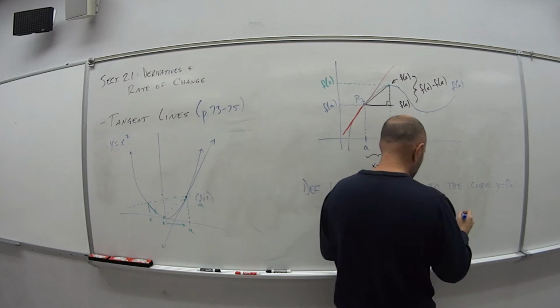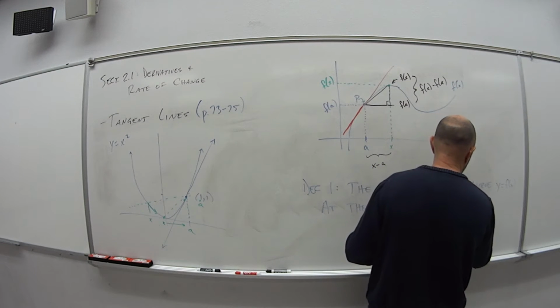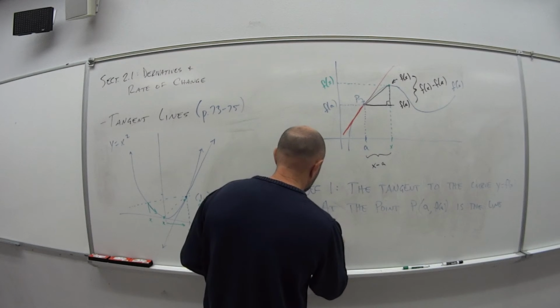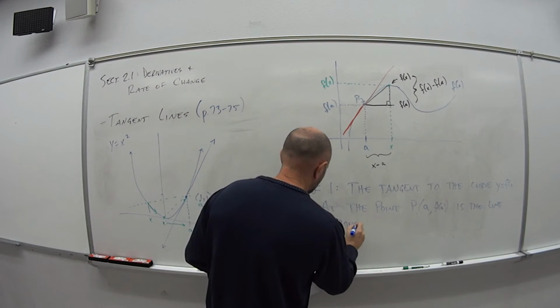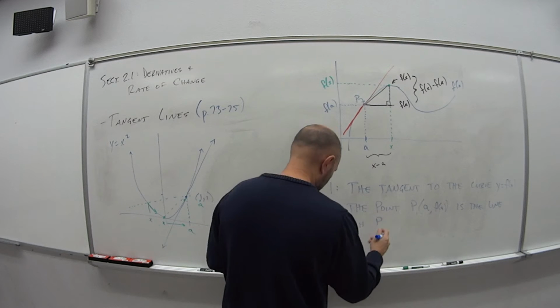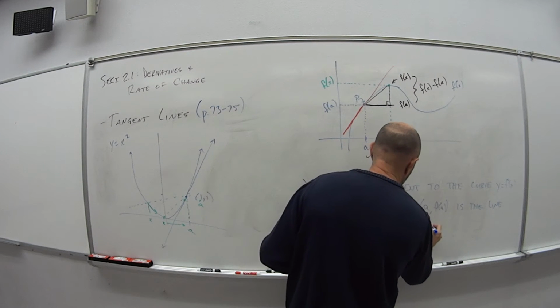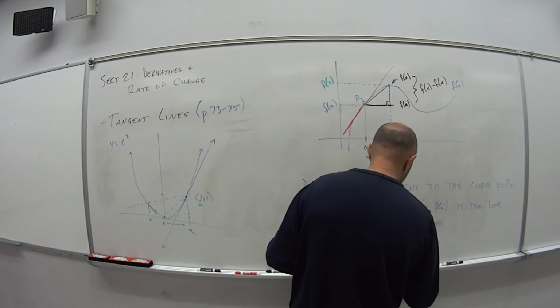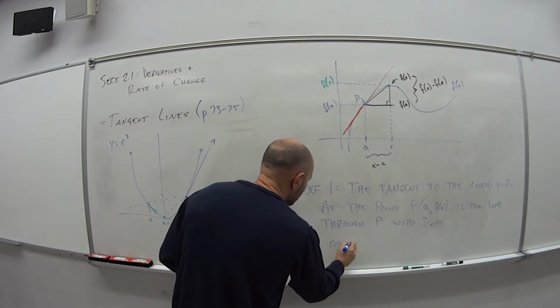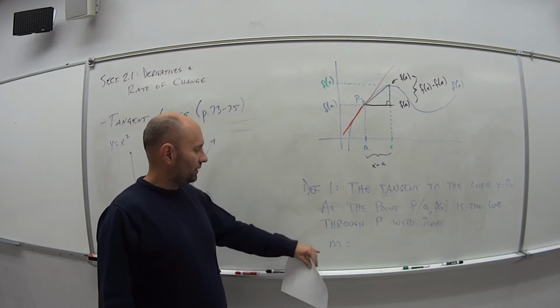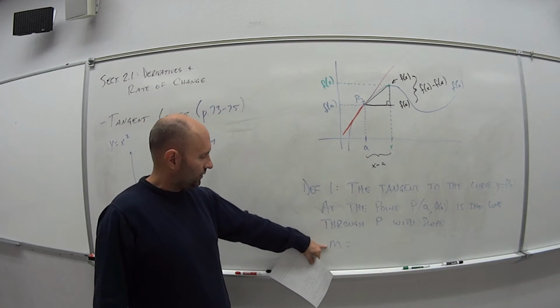Is the line through P with slope m. So recall that from Math 126. Pre-calculus, our slope is always given the variable m.